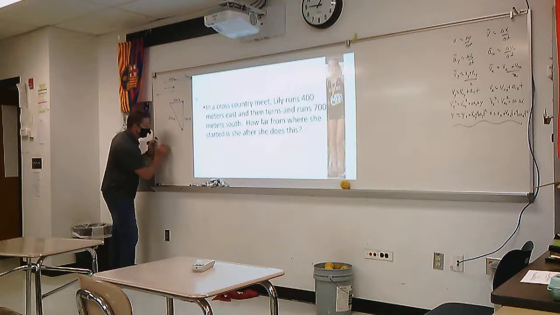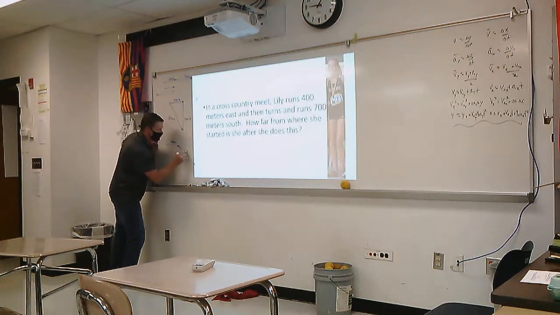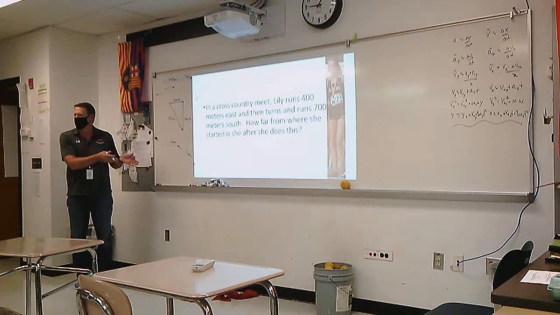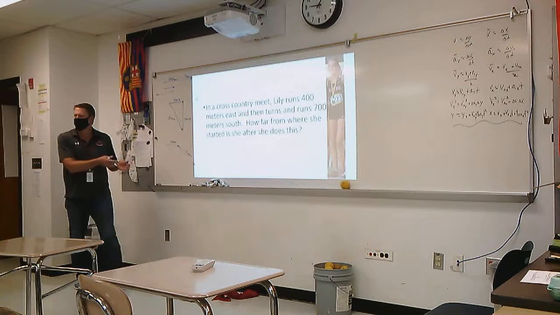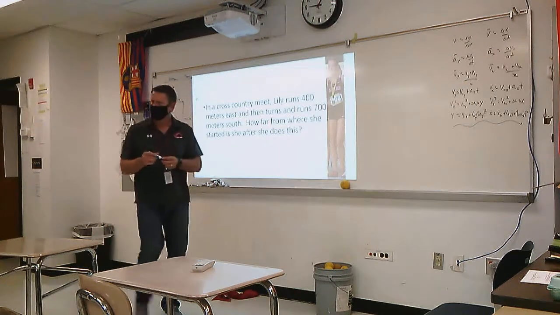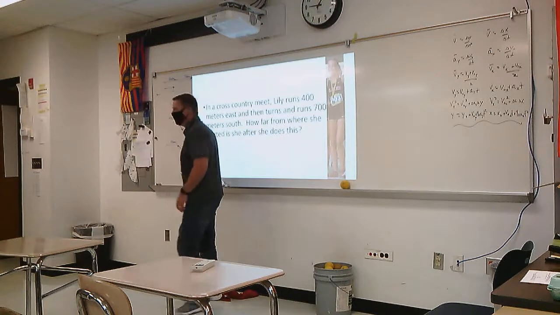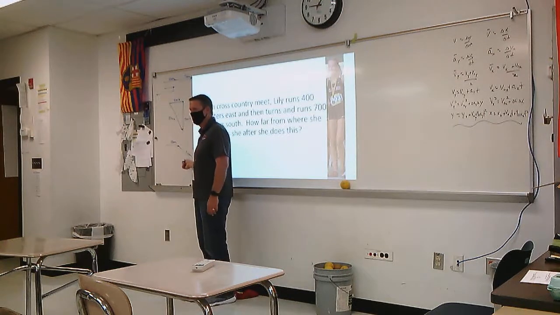And what if Lily would have gone 400 meters this way and then 700 meters this way? How did we conquer that already this year? What did we do to this vector? We only did it probably once. We're going to do a lot more coming up soon. We separated this vector into what? Its parts, right?